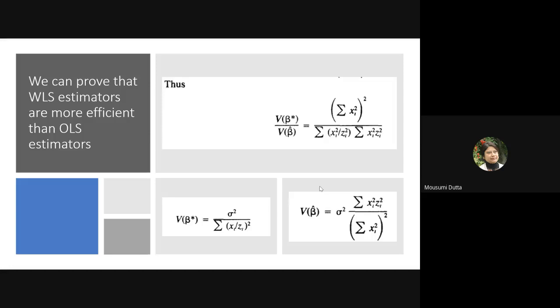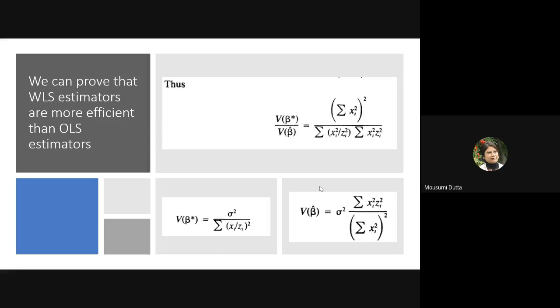Now look at variance of beta hat and variance of beta star. The formulas are given, and check the ratio. It will be best if you can do this and check whether you are understanding.